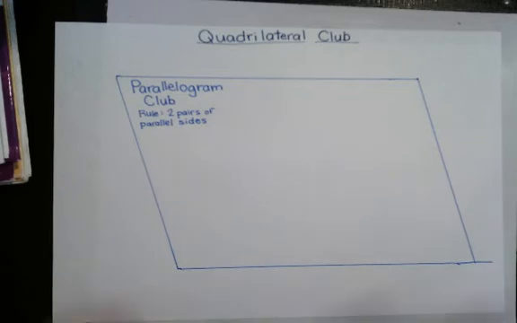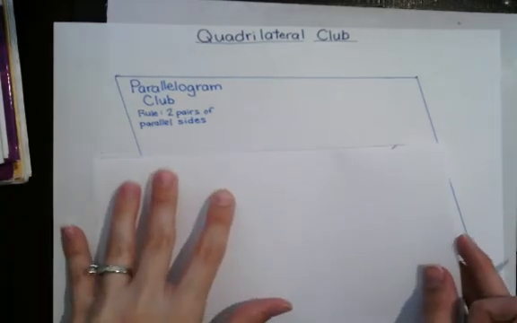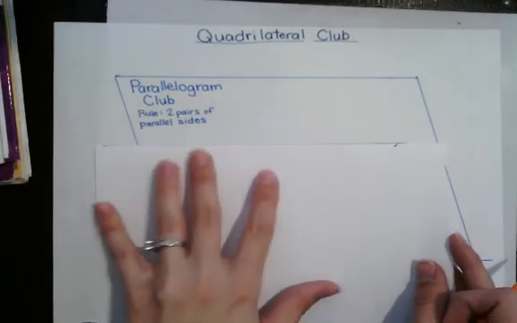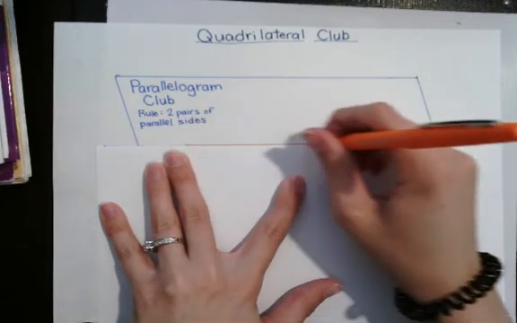Once you're in the club, though, there's all these VIP club rooms that you can get into if you're extra special or you do extra things. So in the club, there is also the Rectangle Club. Now the Rectangle Club also has to have 2 pairs of parallel sides because they're in the Parallelogram Club, so they had to have that to get in, right?